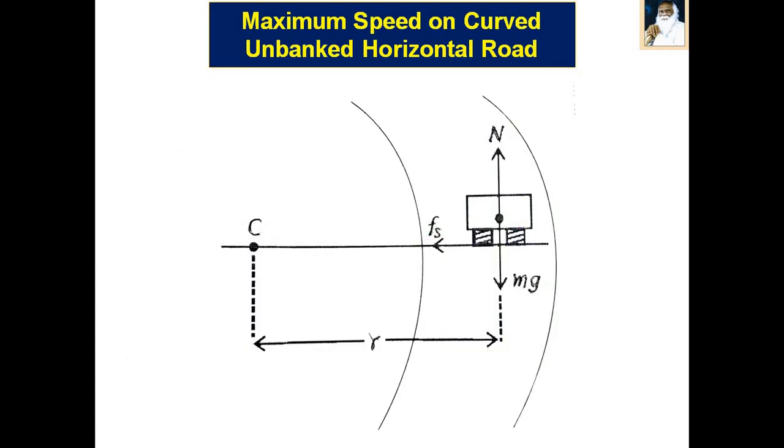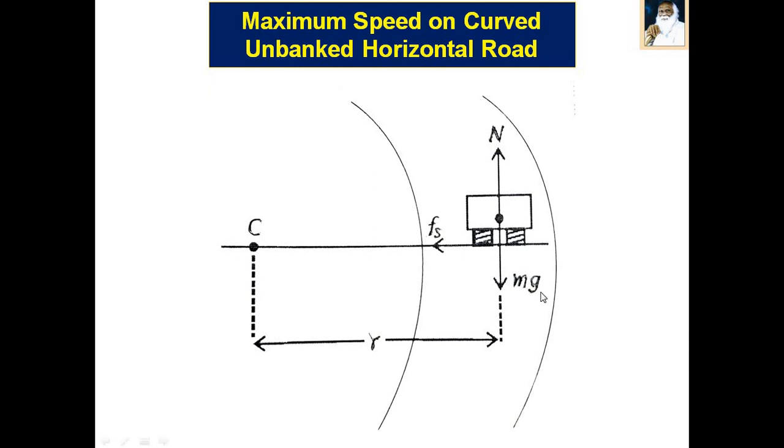This figure indicates the same vehicle having mass m and moving along the unbanked horizontal road. This curved road has a center C. The vehicle is converted into a point mass, and the force acting on the vehicle is its weight mg, which is in the vertically downward direction.